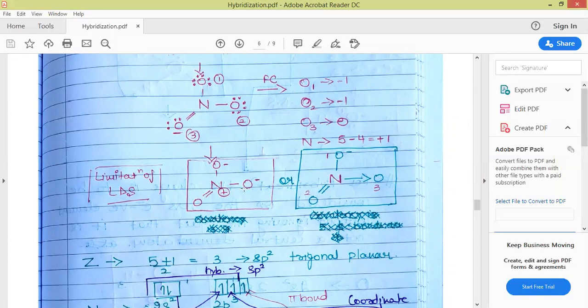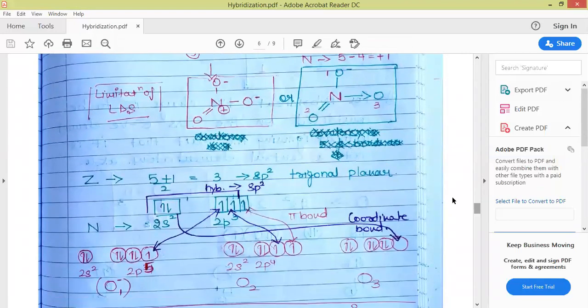Whenever there is a charge separation, that is positive and negative charge on the central and the corner atom, it can be shown like this, that nitrogen is contributing 2 of its electrons in the formation of bond with oxygen, and this bond is going to be a coordinate bond.